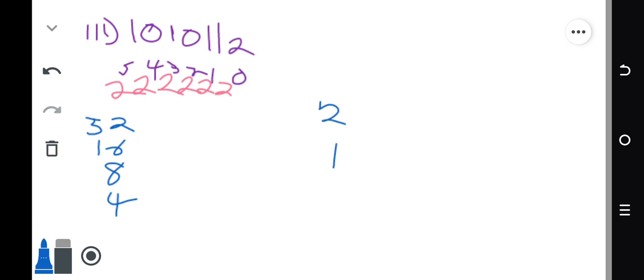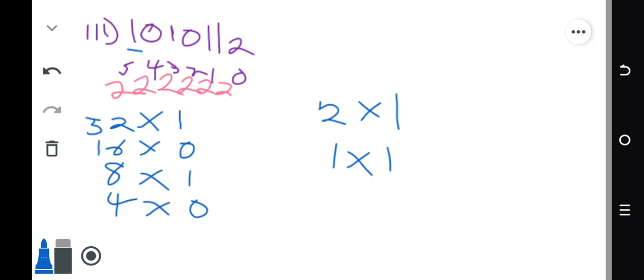We multiply by each of the base 2 digits. So let's start with it: times 1, times 0, times 1, times 0, times 1, times 1. Find the values.